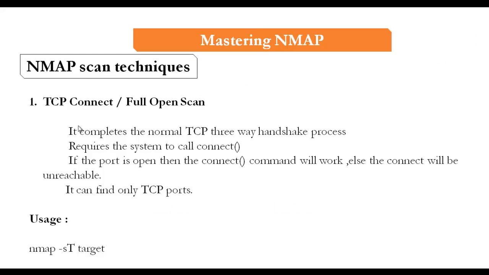The first one is the TCP connect scan, also called the full open scan. It completes the normal TCP three-way handshake process we just saw. This scan works based on the TCP three-way handshake and requires the system call connect. To understand the information about the target, it uses the system call connect.